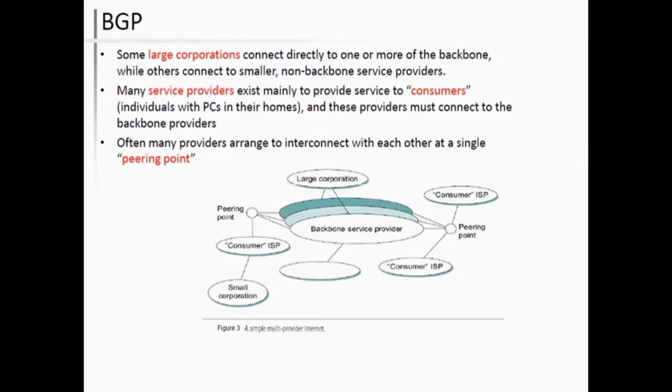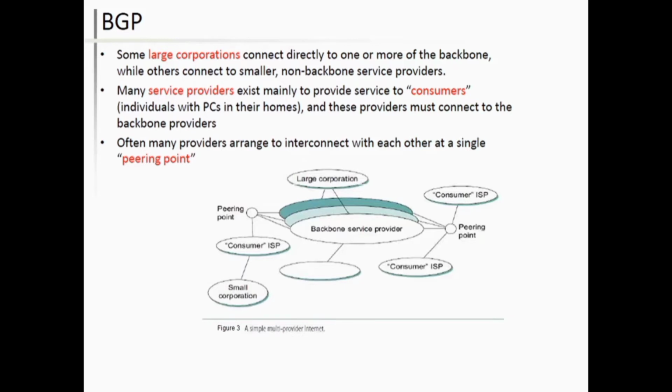Figure 3 shows a simple multi-provider internet, unlike the simple tree-structured internet shown in the previous figure, figure 2.